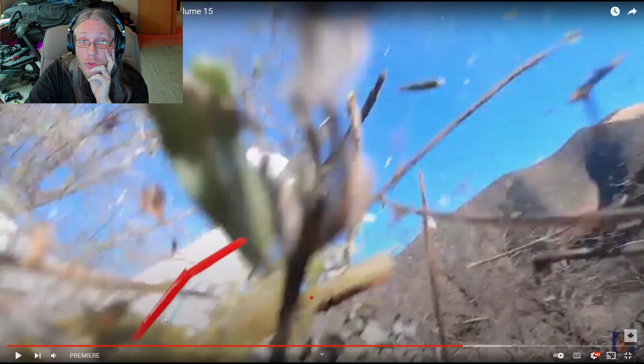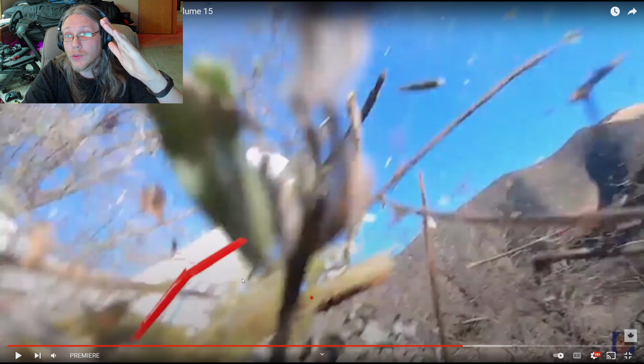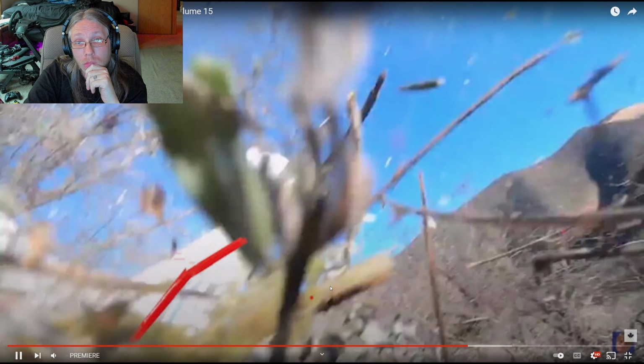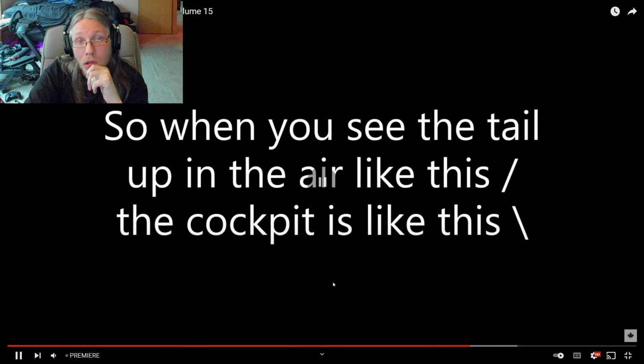Yeah, you can start to see the bend. I will agree that looks like the bend there. But if we adjust the image right, you will see. So now when you see the tail up in the air like this, the cockpit is like this. But you didn't adjust the image to the right angle.